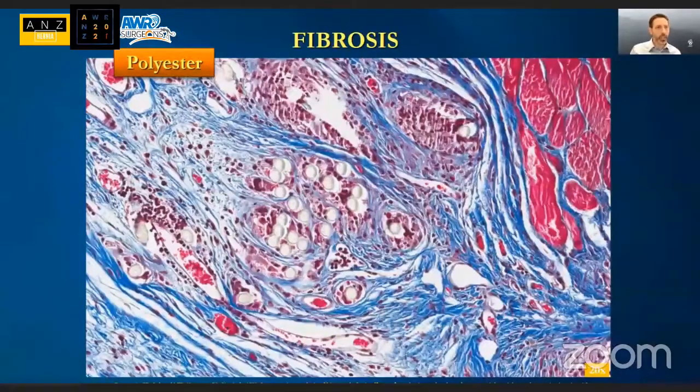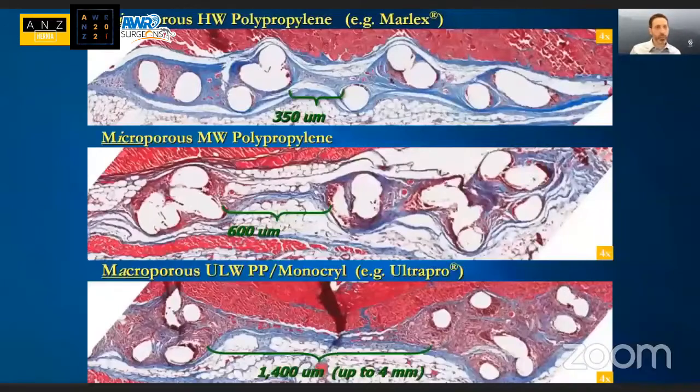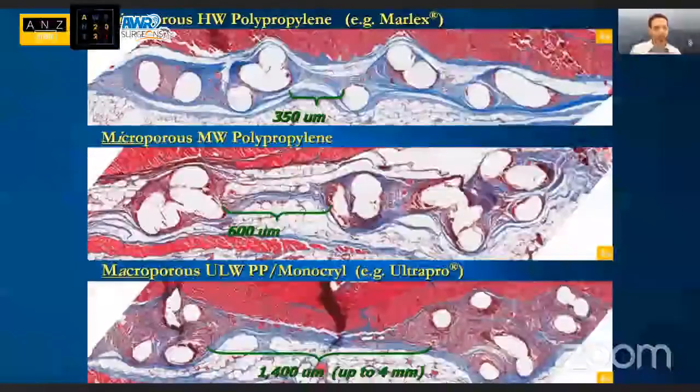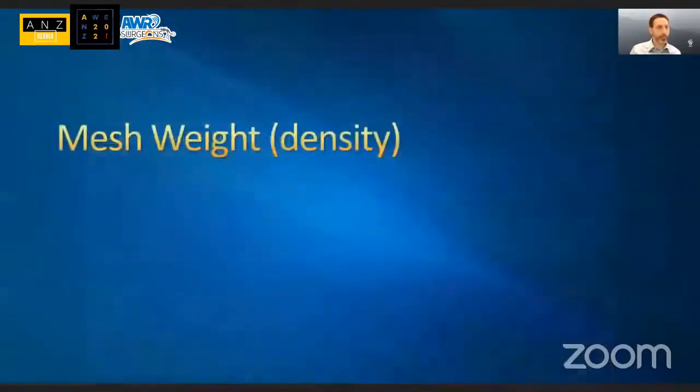Things like polyester, as well as different weights of polypropylene, going from heavyweight microporous to medium weight to ultra lightweight macroporous meshes. All of these meshes induce some degree of inflammation, scarring, and foreign body response, though there are varying degrees of effects from these meshes.